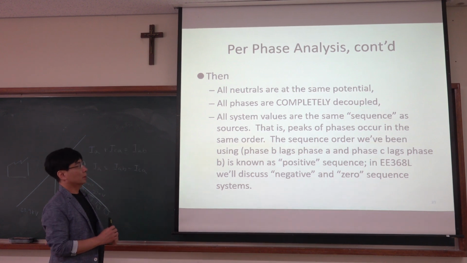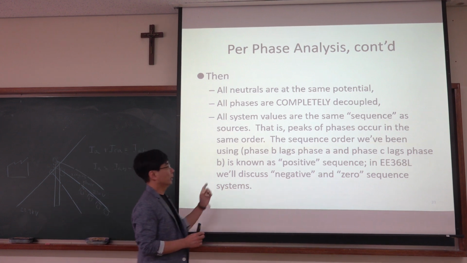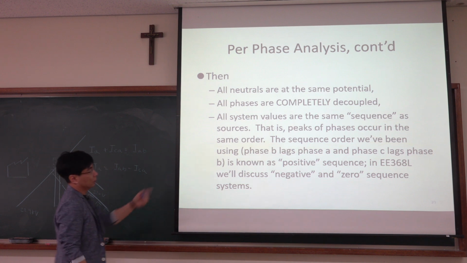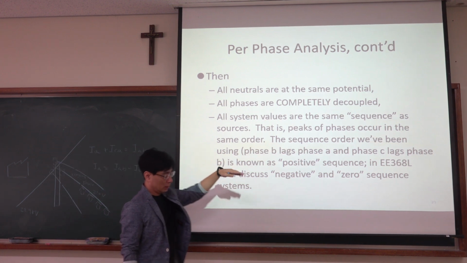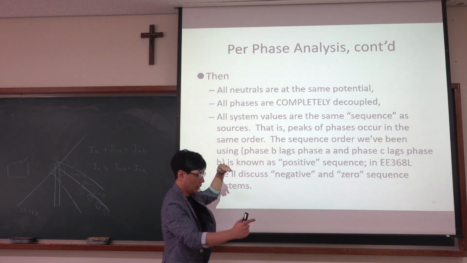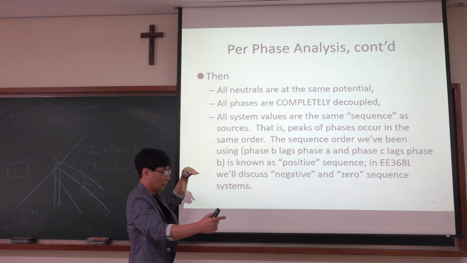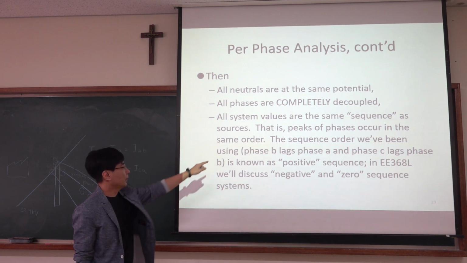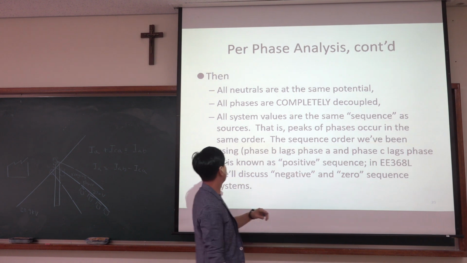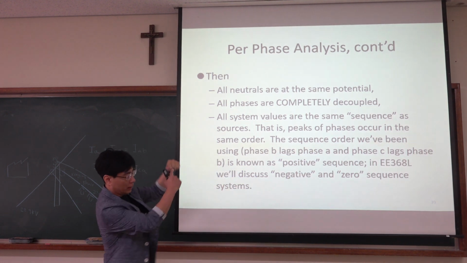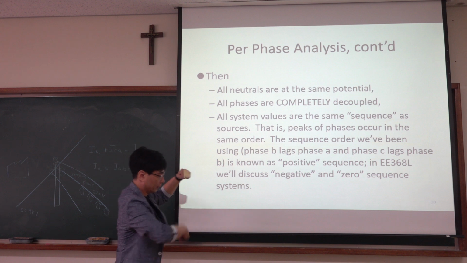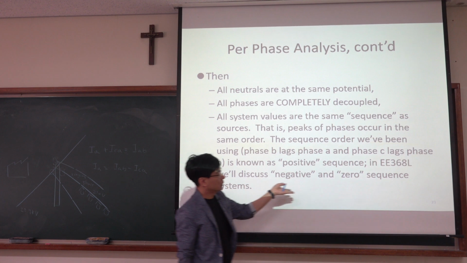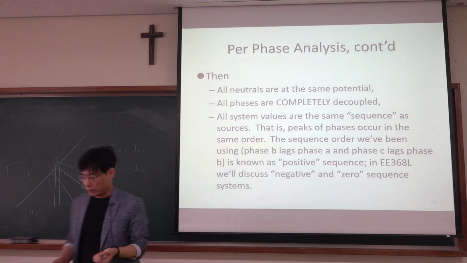All system values are in the same sequence as the sources. That is, peaks of phase occur in the same order, A, B, C. The sequence order we've been using is A, B, C. So B is minus 120 degrees different from A. So this is called lagging. So phase B lags phase A and phase C lags phase B. And this A, B, C, this clockwise sequence is called positive sequence. And there is also a negative sequence and zero sequence, but I don't want to discuss that here.